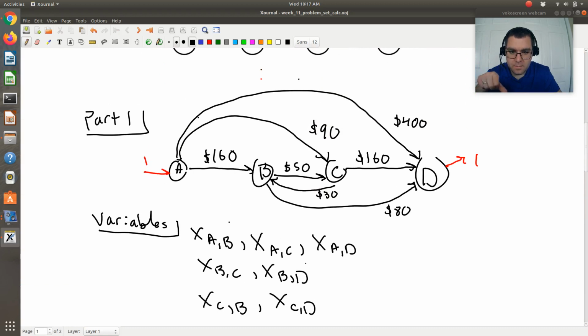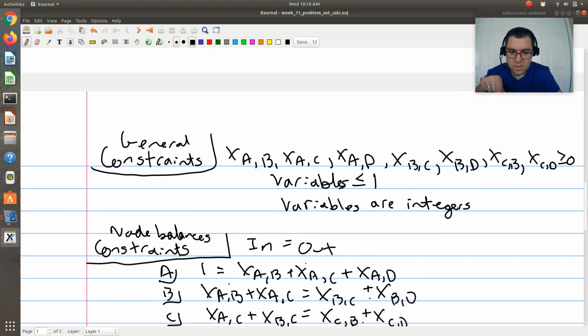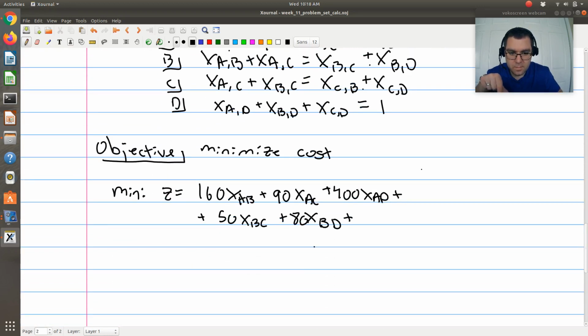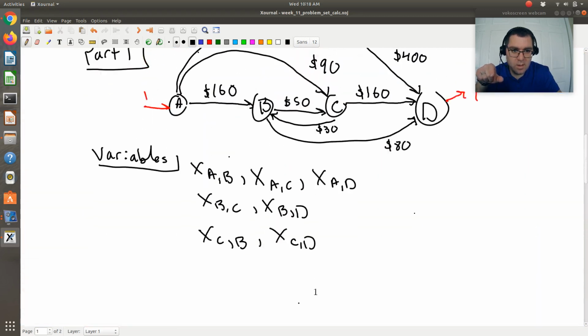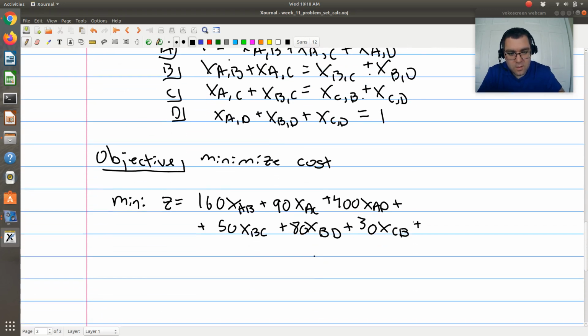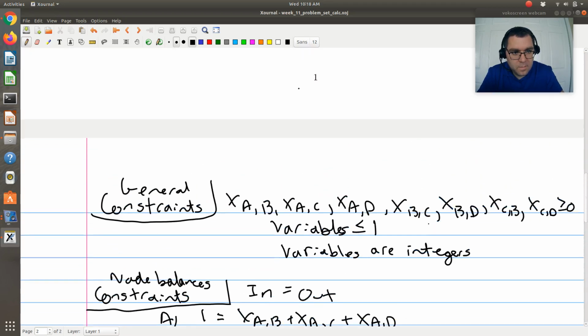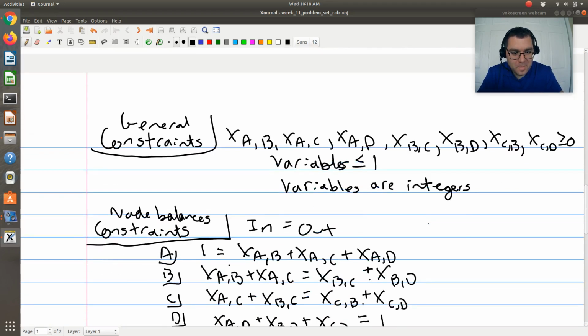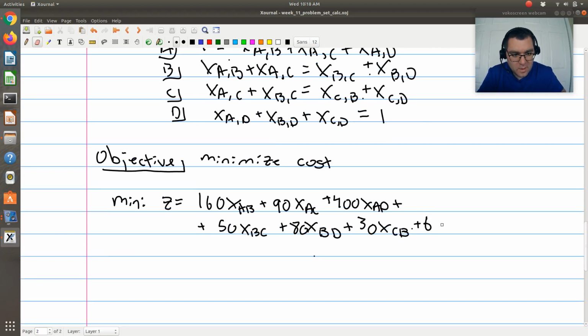And then from C, we have C to B, which is 30, and C to D is 160. So 30 XCB. And then XCD is 160.